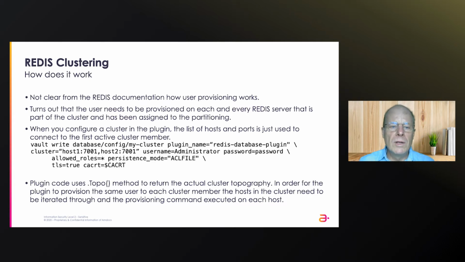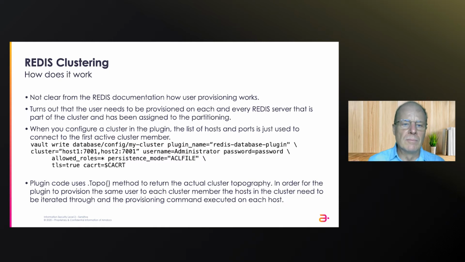So when you configure a cluster in the plugin, as we have here in the middle, you give it a list of the hosts using the cluster equals parameter that you want the plugin to try and connect to, or actually the Radix API call inside the plugin. It does that, and it'll connect to the first available one that works with the configurable timeout, and then you move on from there.